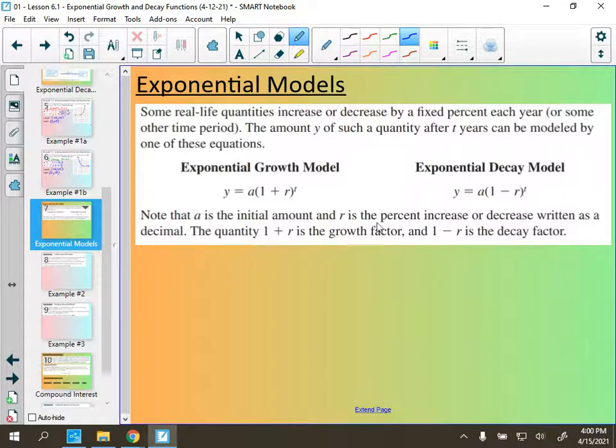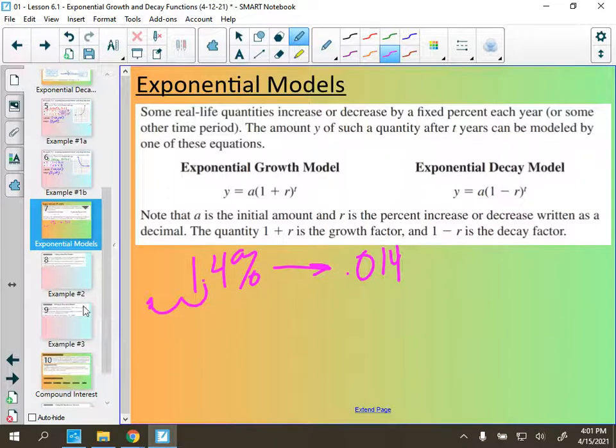We just have to make sure that we're using r as a decimal. So everybody better know that when I see 1.4% written out as a percentage, as a decimal that means 0.014. So we'll have to convert our percentages to decimals. But other than that, that's kind of it.